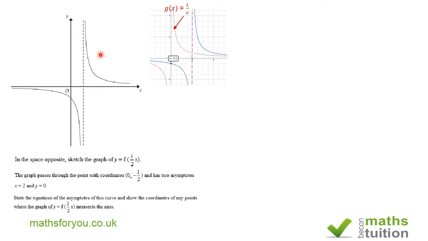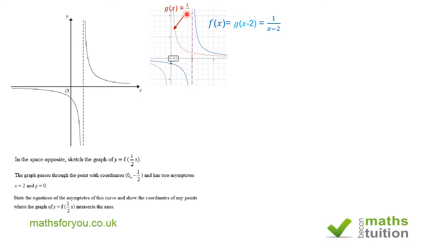Now for this graph, which I've reproduced here in blue, note that the asymptote for the default function, which is g of x, has been moved 2 units to the right. So now we are in a position to define this graph by its equation, and the equation is f of x equal to g of x minus 2.